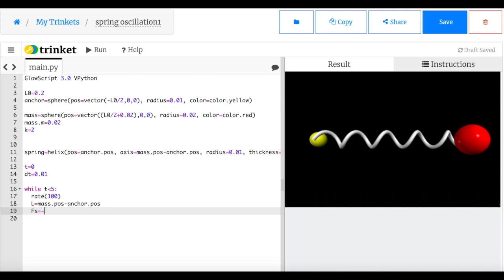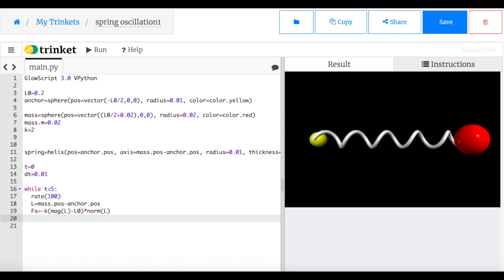Fs equals negative K times the magnitude of L minus L0 times norm L. So mag L is a built-in function in Python that returns the magnitude of a vector. Norm is a built-in function in GlowScript Python that returns the unit vector for a vector.